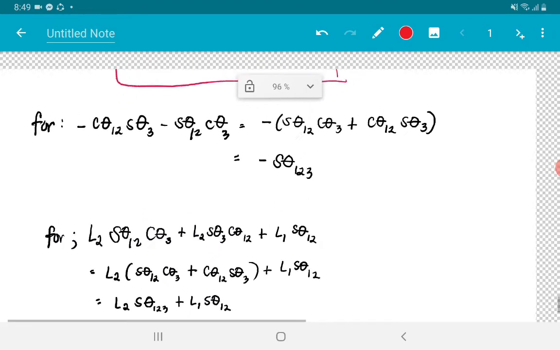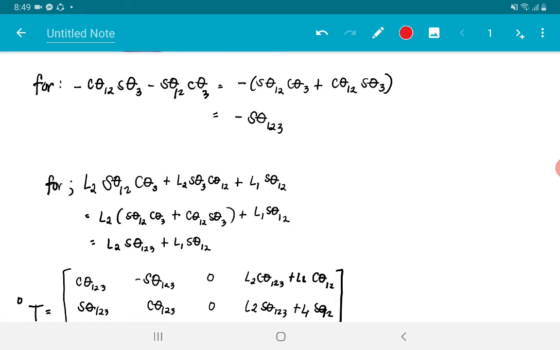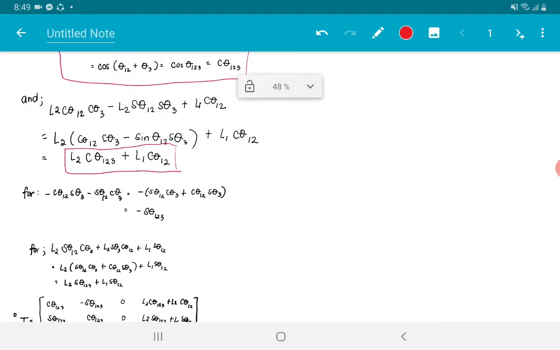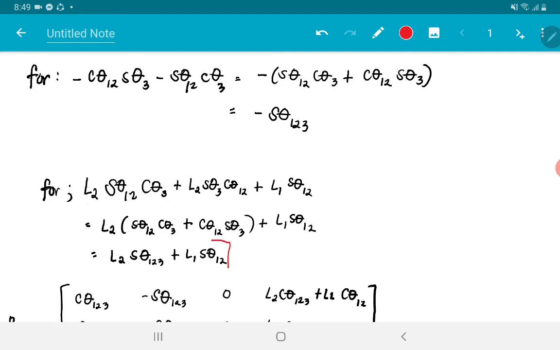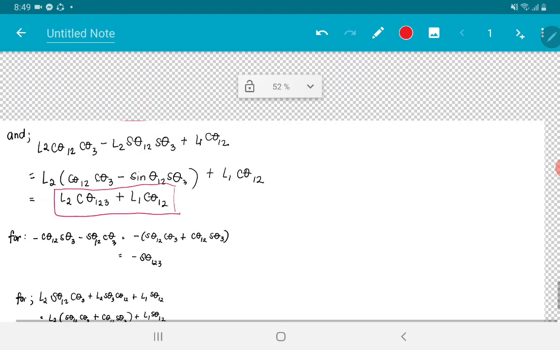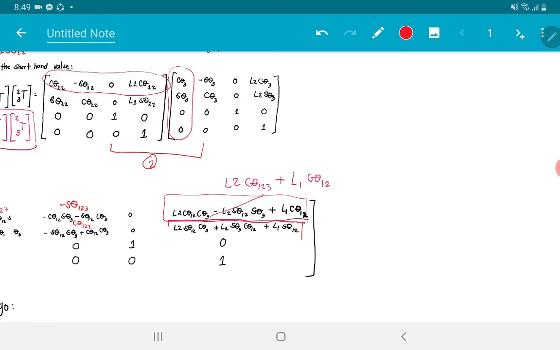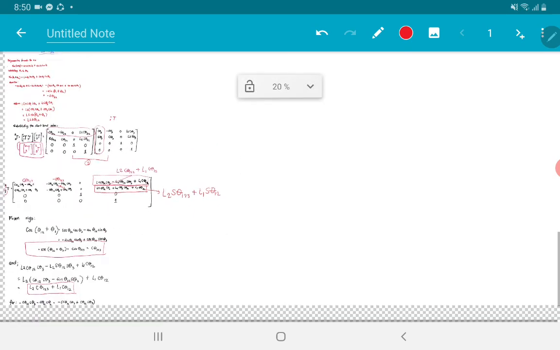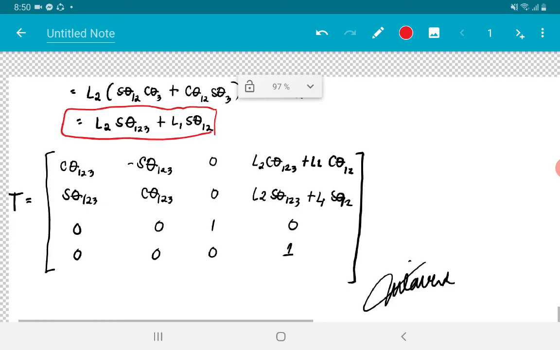Then the last one is derived from this one. So substituting the value of L2 sine 1, 2, 3 plus L1 sine theta 1, 2. So there you go.